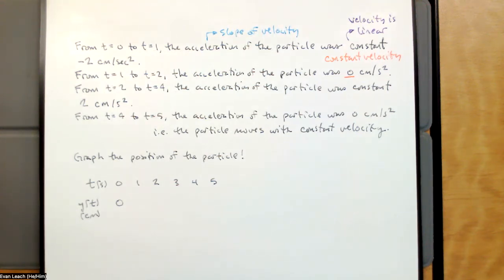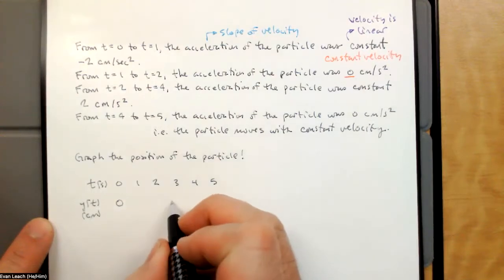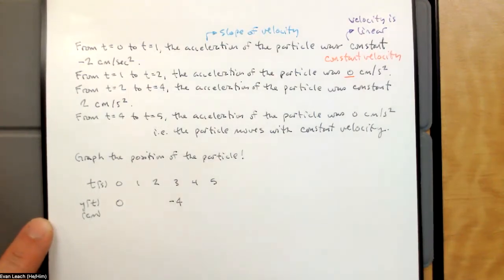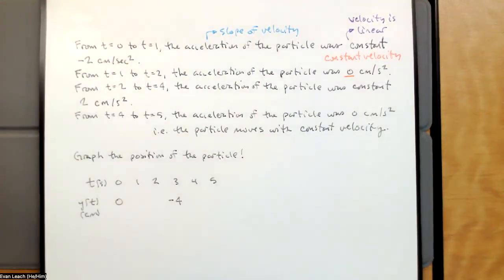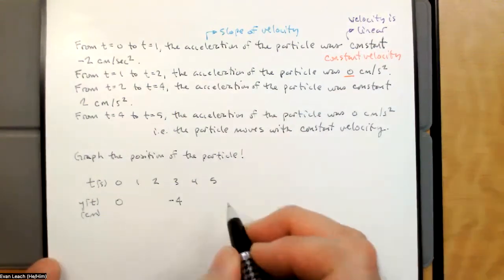So at 0 seconds, we'll start off at 0. What we already know is that it traveled down for 3 seconds, a total of 4 units, and then went back up a total of 3 units, so it'll end up at -1.